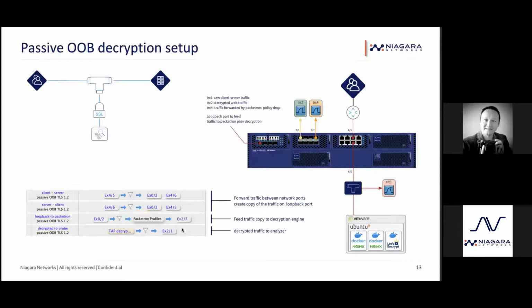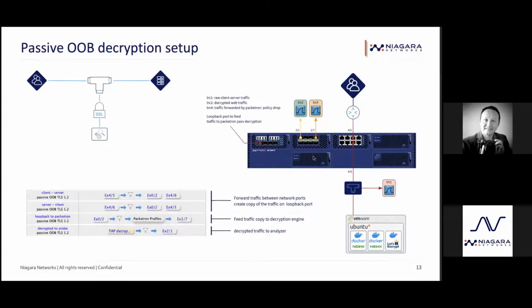If you take the packetron profile itself, you can do a decryption of the traffic, but forward the unencrypted traffic or the traffic that cannot be decrypted to an extra port. So I sent the traffic that cannot be decrypted and the copy of the encrypted traffic to port 27.